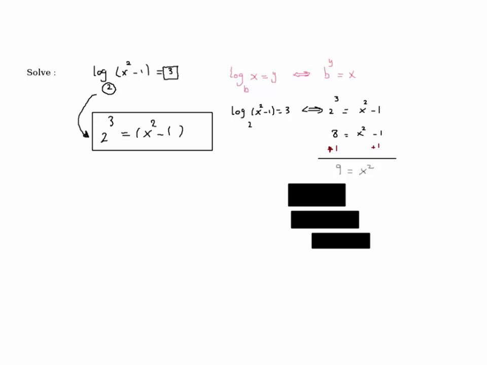If 9 is equal to x squared, what is x, anyone? What is x? x would be equal to what? Somebody typed 3 and minus 3. So it would be the square root of 9, plus and minus. You're right. So x would be equal to plus and minus 3.